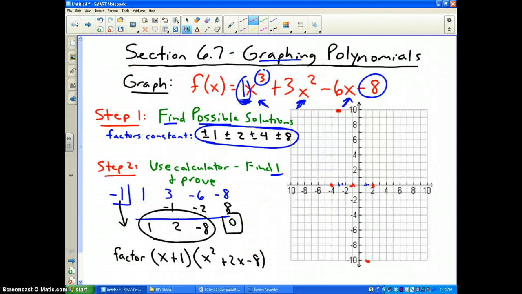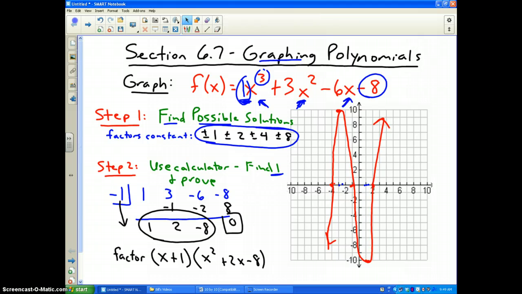So when I go back to my graph, I know it's got to go through negative 4, so somehow it's got to start down here and go through negative 4 all the way up to the 10 mark, back down through negative 1, down to negative 10, and it's going to finish up like this. And there is your graph, as accurately as we can draw, of this particular polynomial.